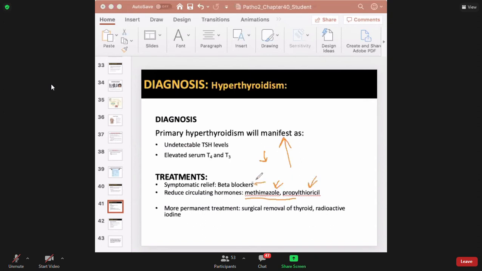You might treat the symptoms by giving beta blockers to slow the heart rate down. You could surgically remove the thyroid. Once you do that, the patient now has hypothyroidism, so you have to give them replacement hormone. And then you could also do the radioactive iodine, where basically it's given in liquid form.